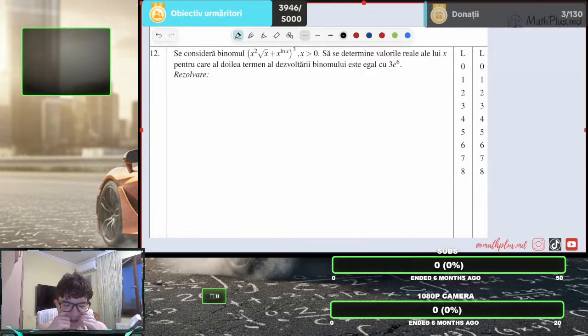Is this the e number, like minus 1.4 what? Essentially, x for which the second term of the whole expansion is equal to this, so it's not just the c, it's everything. So we need to just find x, right? Find x.